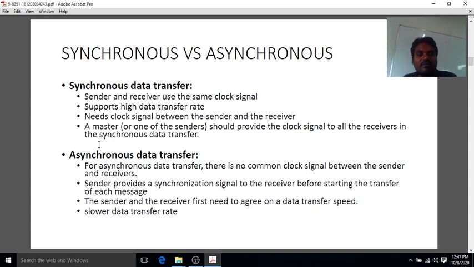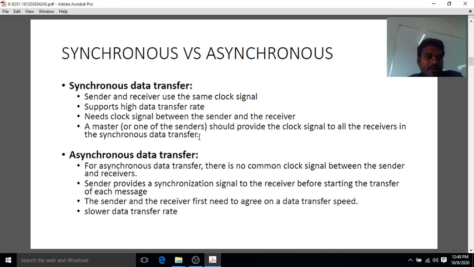Here we have some set of senders and some set of receivers. For example, we have 4 transmitters and 4 receivers. Among these 4 transmitters, one has to provide the clock signal for the remaining 3 transmitters and the receivers in the synchronous data transfer.